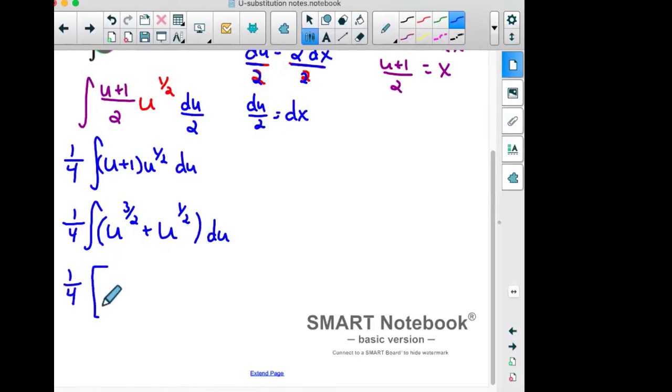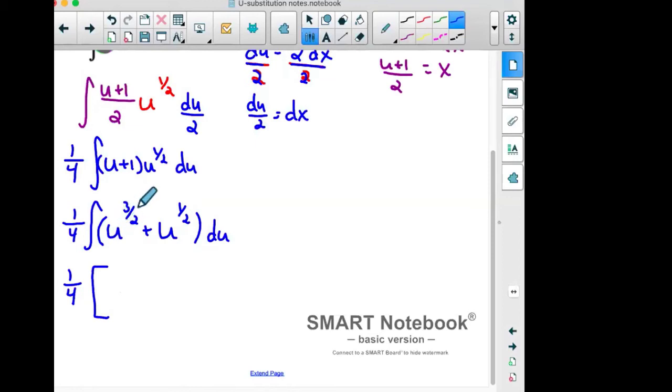We're going to do it step by step. What's the integral of u to the 3/2? No idea? All right, so our rule is to add 1 to our exponent.